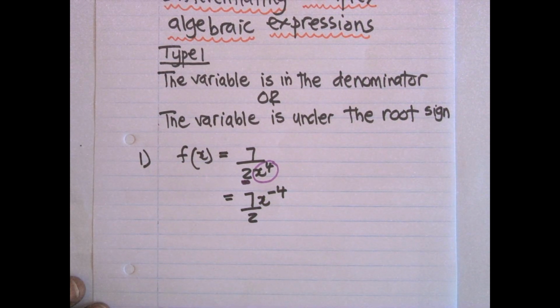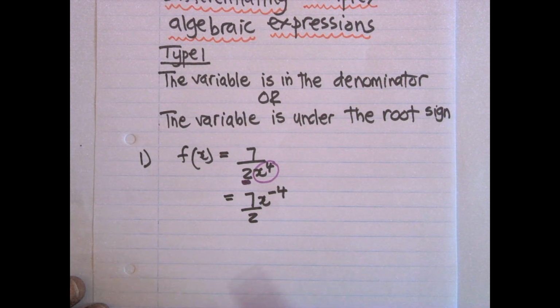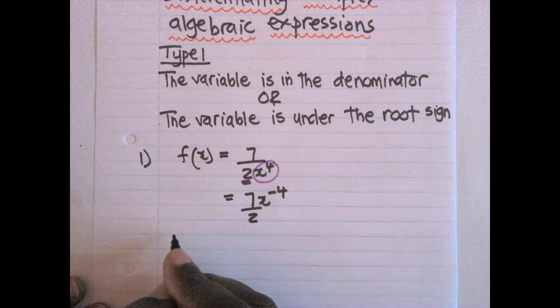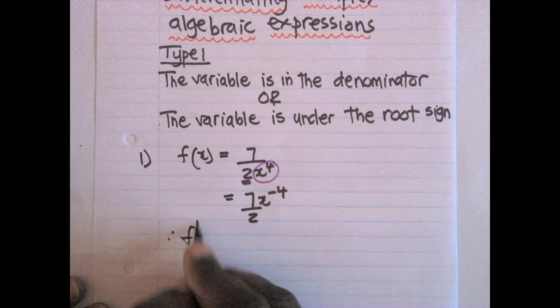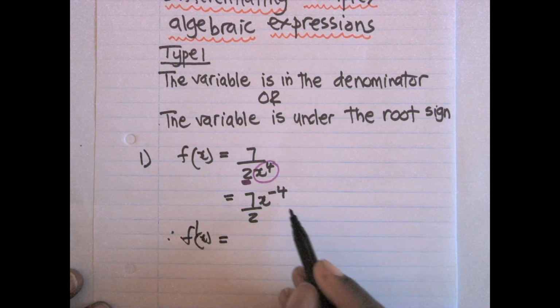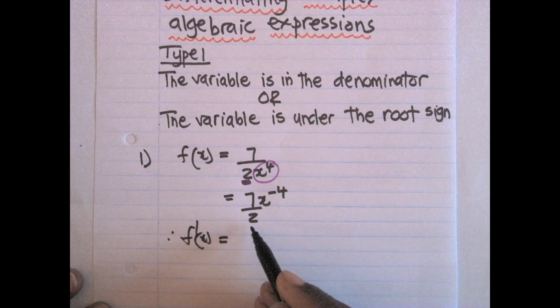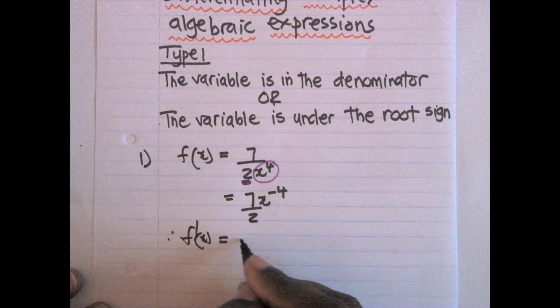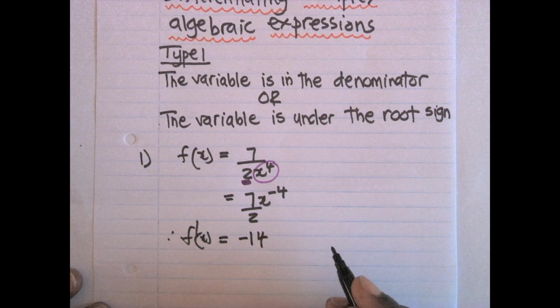So we leave the number in the denominator because we are interested in differentiating with respect to x. So we need to carry the x to the top, and when we multiply the rules there, we are going to write here, therefore, the first derivative of f of x is equal to, when I multiply 7 over 2 times minus 2, I'm going to get minus 14.